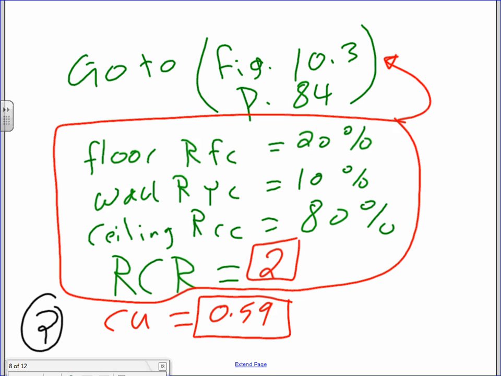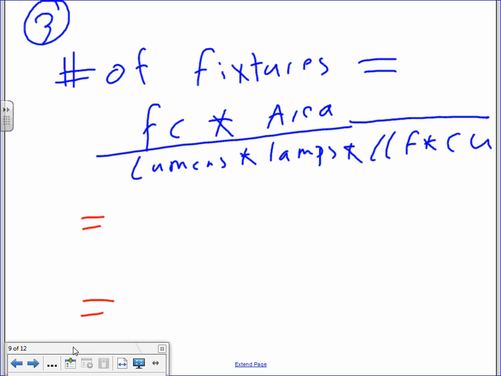Okay, so now we found the second thing, coefficient of utilization, CU. The last one, gentlemen, or the one before the last, am I doing too fast? Derek, does it make sense? Yeah, good. Adam, Karen, good. Okay. So that's just directly knowing how to use the table. Please let me know if you don't know how to use it.